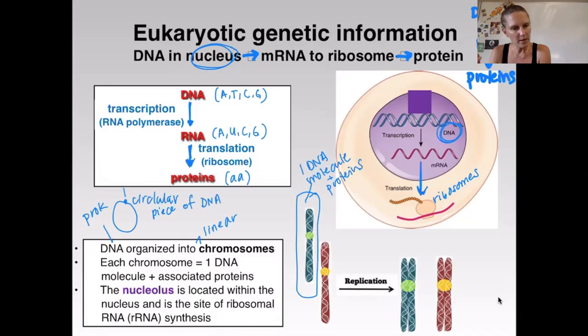If you zoom in on the nucleus, there's also deep down a region called the nucleolus. And the nucleolus is a site for rRNA synthesis, right? So rRNA synthesis. And we're going to learn more about rRNA in a little bit.